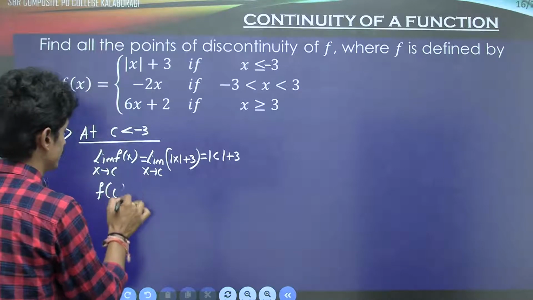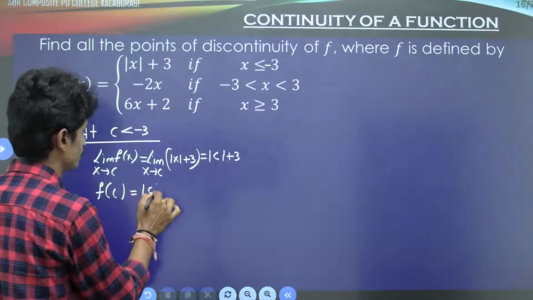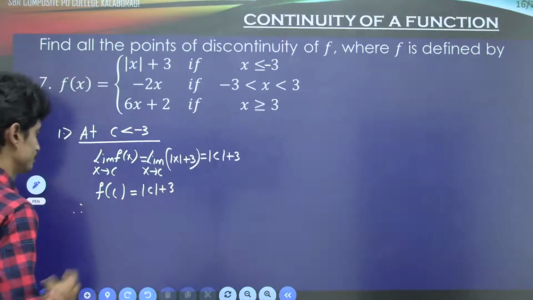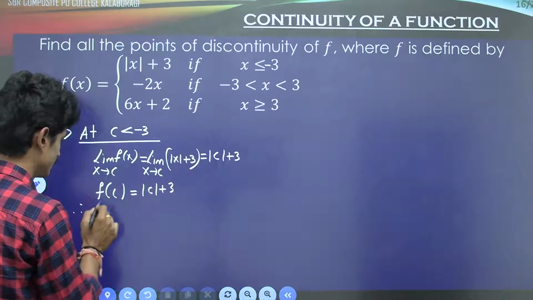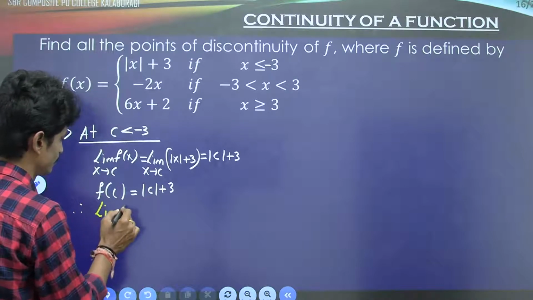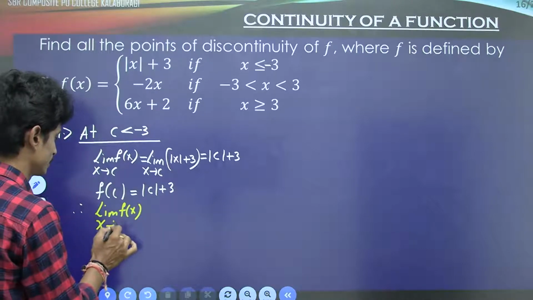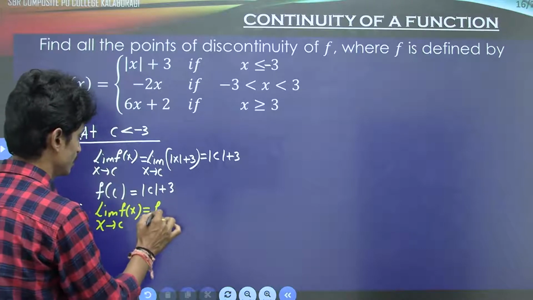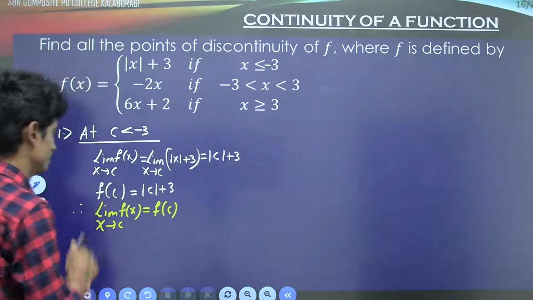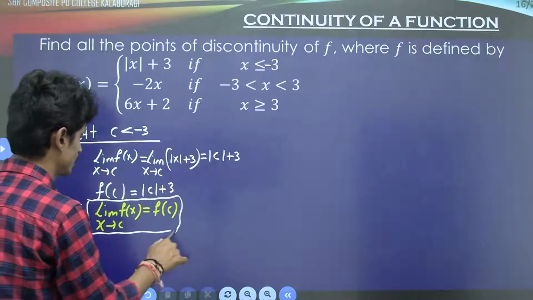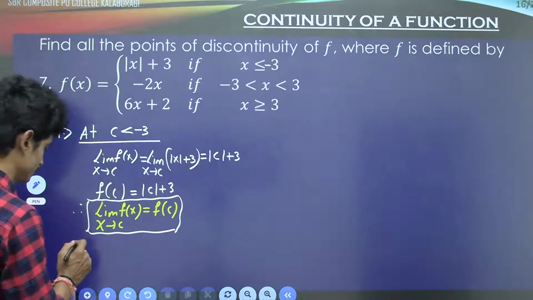Now this will be f of c. f of c is how much? Mod of c plus 3. Therefore, we write limit of f of x as x tending to c equals f of c. The value exists everywhere, so the function is continuous.